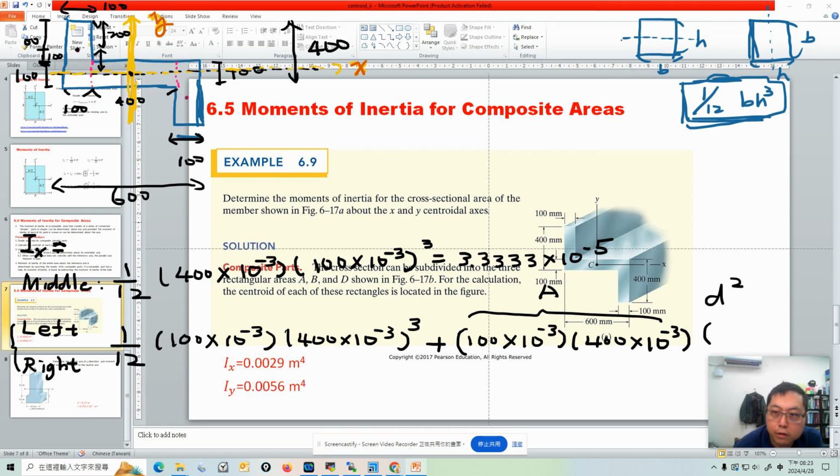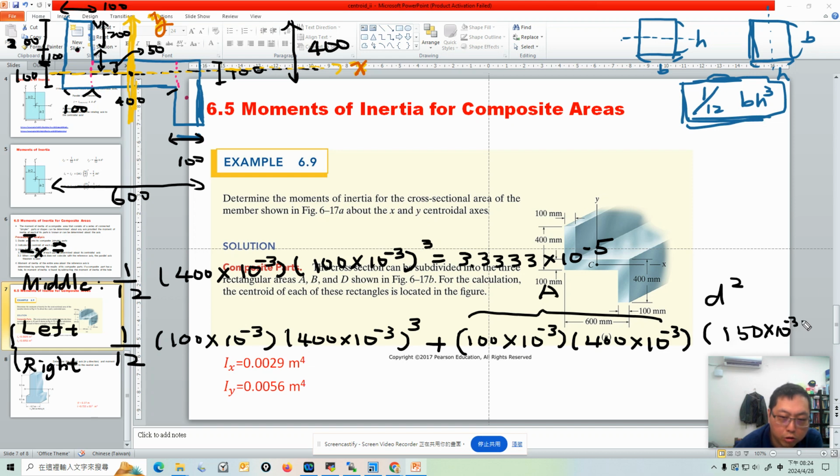Oh my God, 150. So here is 50 because it's symmetric, here is 50 and here is 50. So it's 100 plus 50, so your D is 150 millimeter.